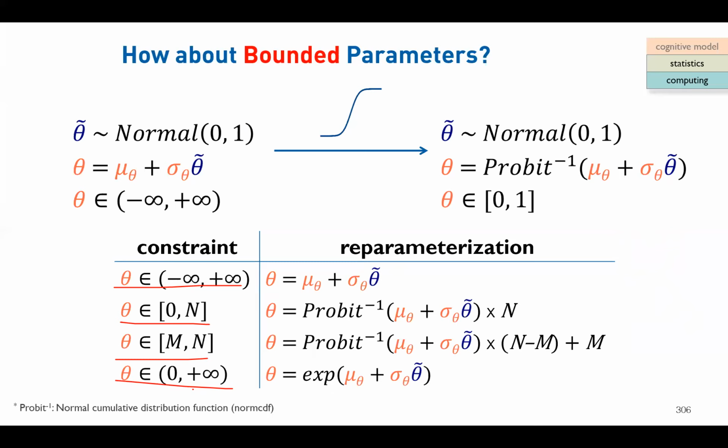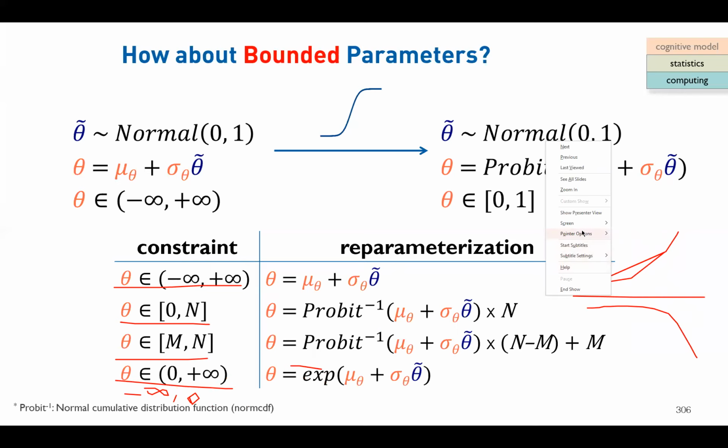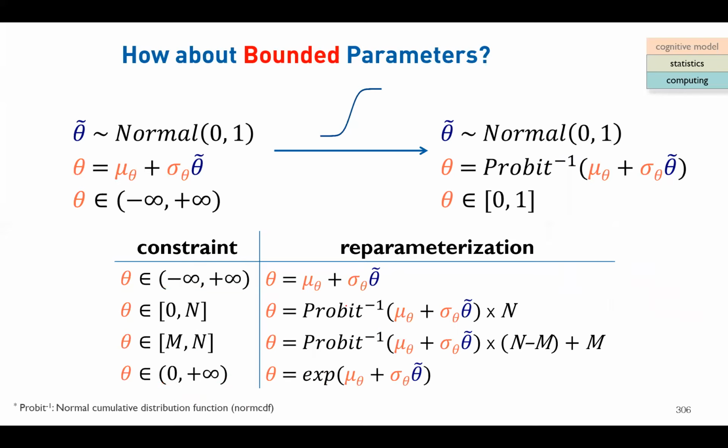If you say you want negative infinity to 0, how does that work? Well, easy, just add a minus. Then the exponential becomes negative values. Good. Does that make sense?